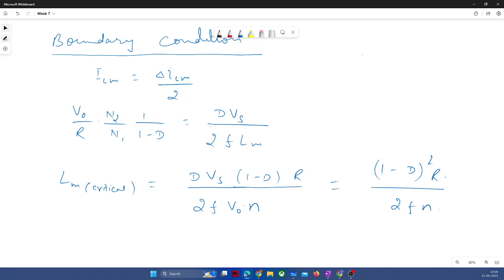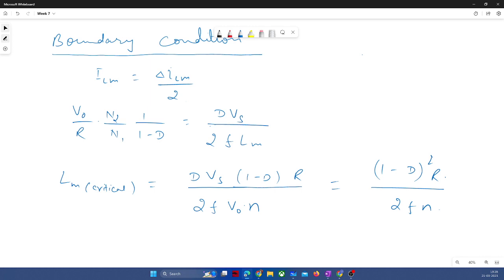How to connect this Lm there in the transformer? See, while designing the converter, initially you will have to decide all the parameters. Once you design the converter, you cannot change it. And while designing, you have the transformer, you can change the value of inductance by the number of turns. You have the freedom in terms of number of turns, wire area, whatever you want to change.